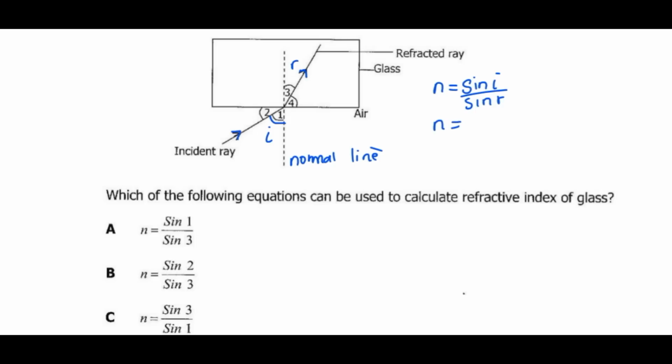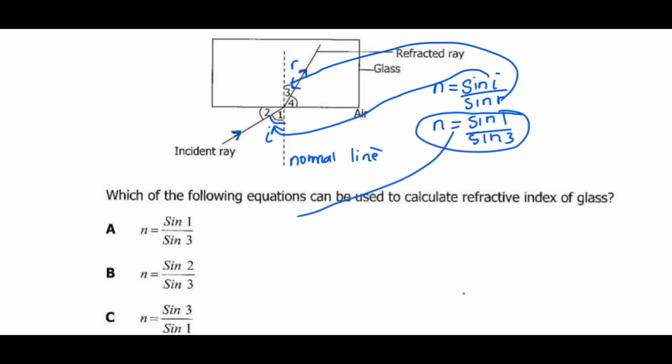So let's look at the angles. We can see i is 1, so this is sin 1 over, our r is 3, so over sin 3. We want something like this, so we can see that our answer is just A.